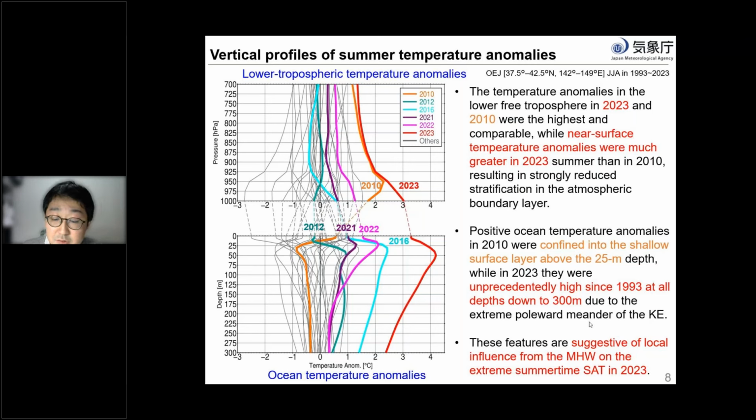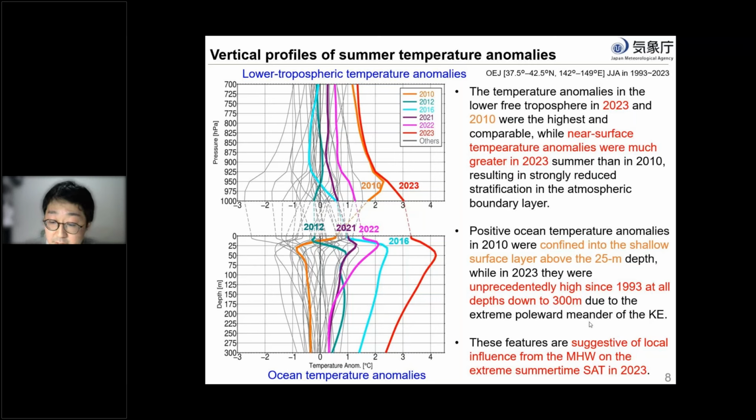And about subsurface ocean temperature, positive anomalies in 2010 were only confined to the shallow layer above 25-meter depth, but in 2023, they were unprecedentedly high at all depths down to 300 meters.